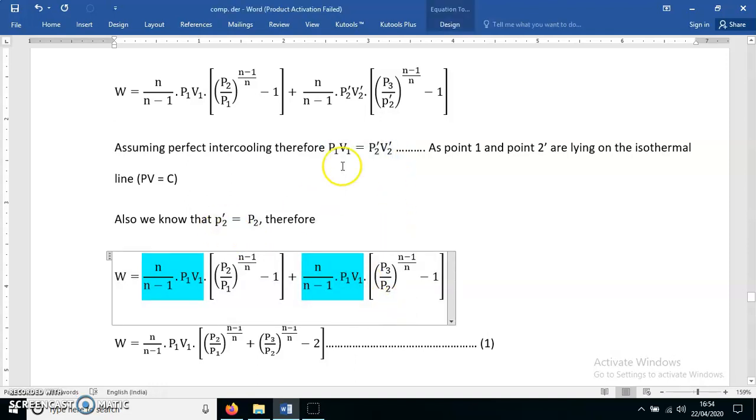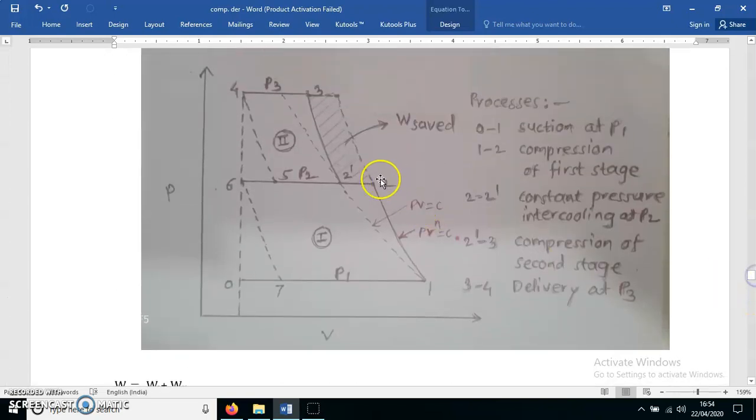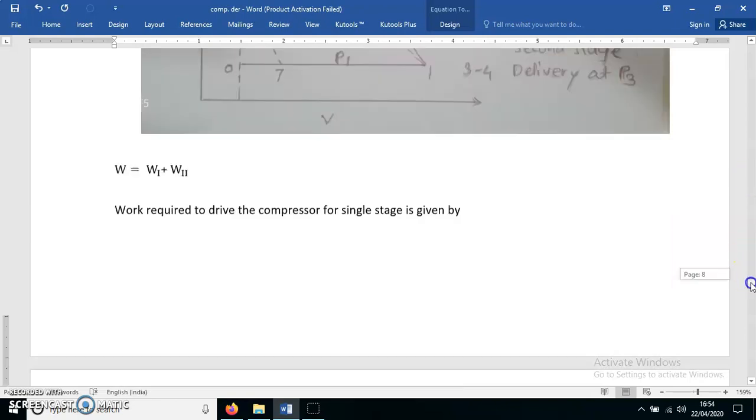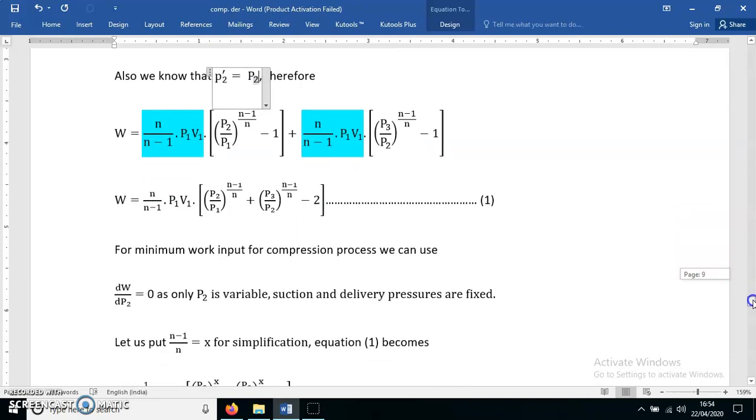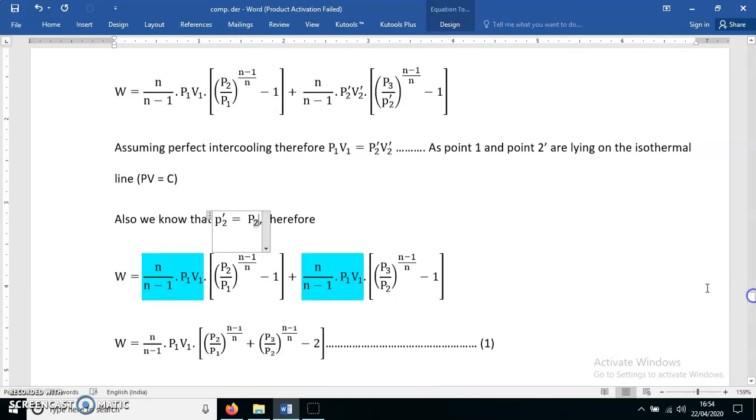Now P2 dash is P2. This is also clearly understood from the figure. P2 dash is P2 because intercooling is a constant pressure process. So put that value here. P2 dash V2 dash is replaced by P1 V1, and P2 dash is replaced by P2.